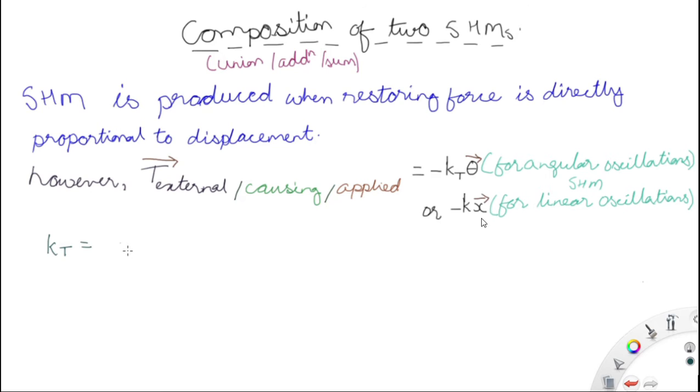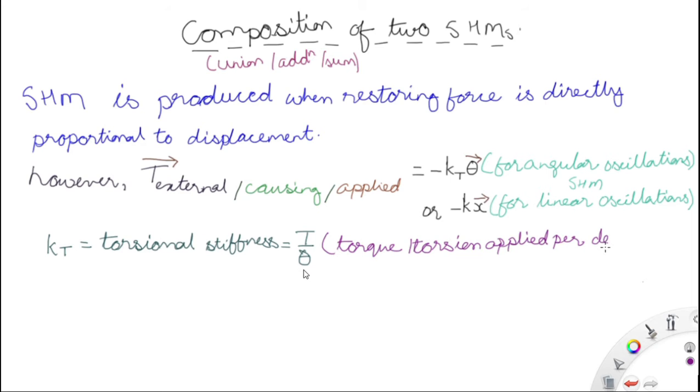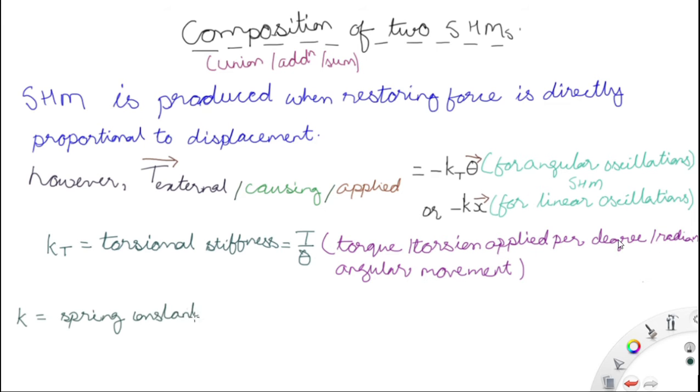So it acts opposite to the direction of the displacement, whether angular or linear. This is the condition for linear simple harmonic motion, and that is the condition for angular simple harmonic motion. Now the torsional stiffness kt is equal to the applied torque divided by the angular displacement that happened, which means the torque applied per degree or per radian of angular movement.